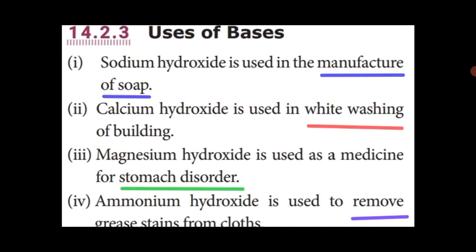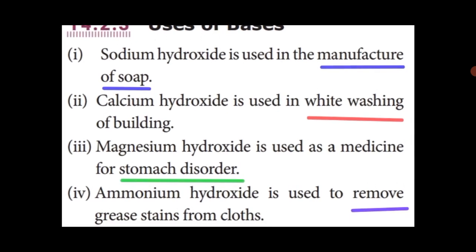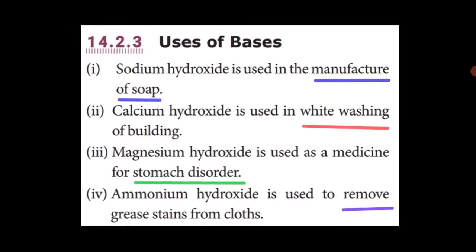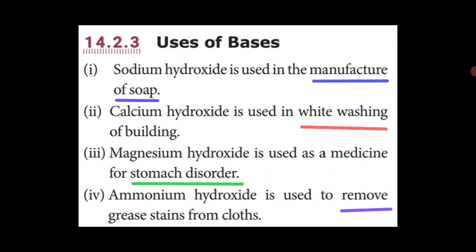So magnesium hydroxide is used as medicine for stomach disorder. The last base is ammonium hydroxide. Ammonium hydroxide is used to remove grease stains from clothes. Which base is used? Ammonium hydroxide. These are the uses of bases.